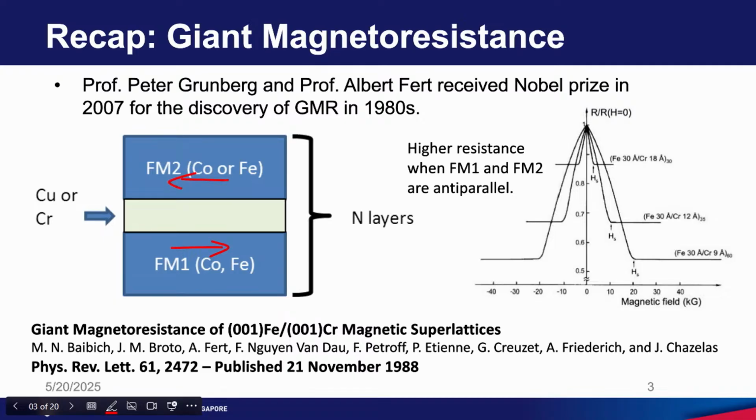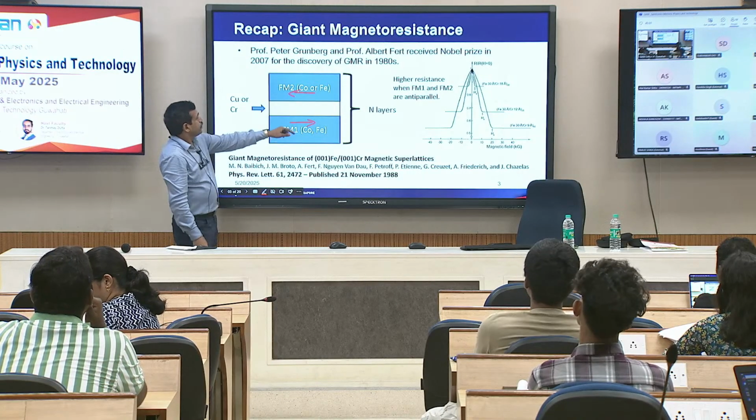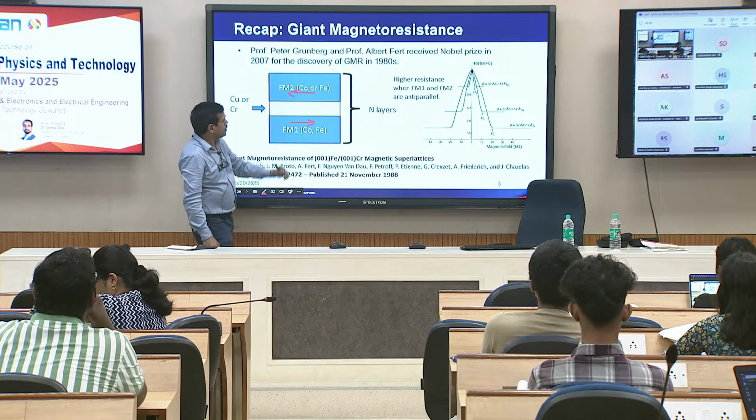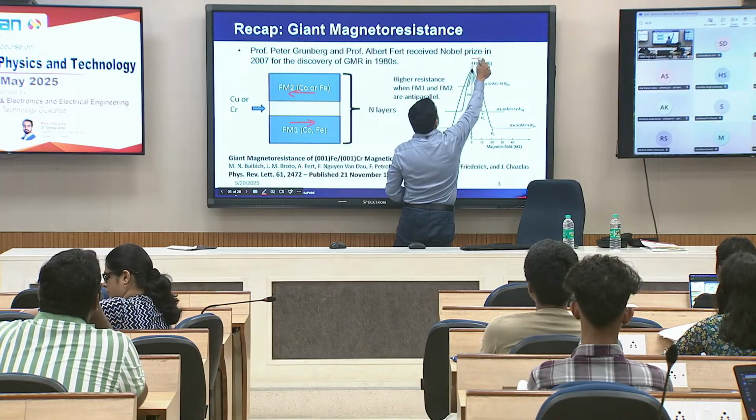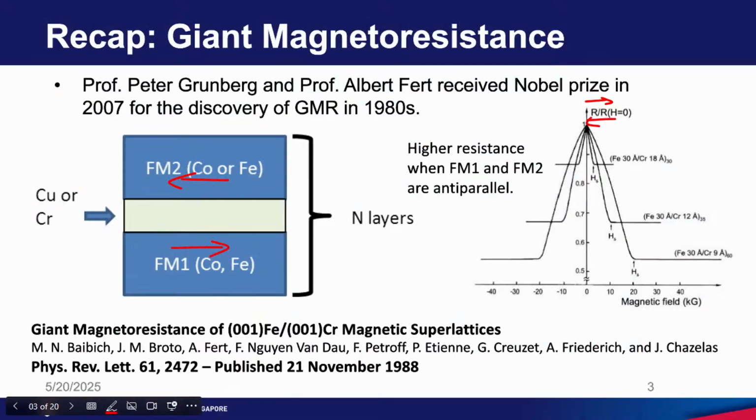So, in the absence of any magnetic field, you have two layers with antiparallel magnetization, which gives rise to the highest resistance state. However, when you apply a very strong magnetic field along one particular direction, you force both layers to point in one particular direction, and that is where you see the lowest resistance state.